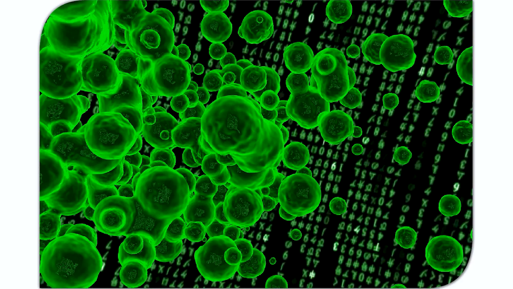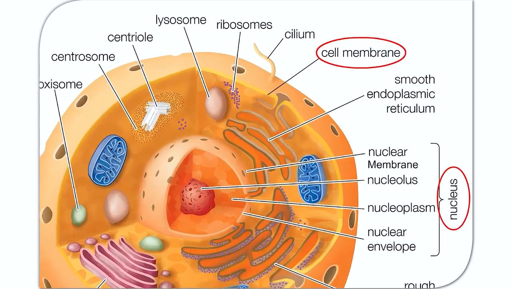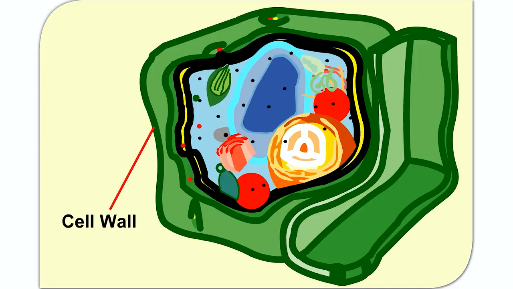All cells show some similarities in their structure. A typical cell has three parts: cell membrane, cytoplasm and nucleus. The cell membrane is a thin membrane around the cell cytoplasm that maintains cell shape and allows only some substances to enter or leave the cell. A cell wall is found in plants only.